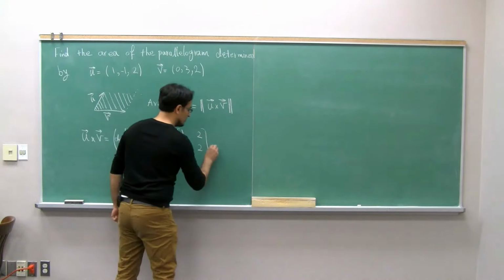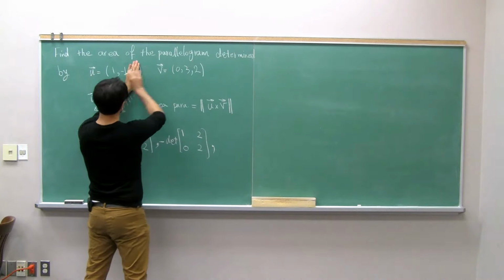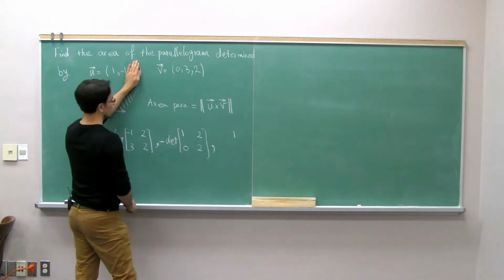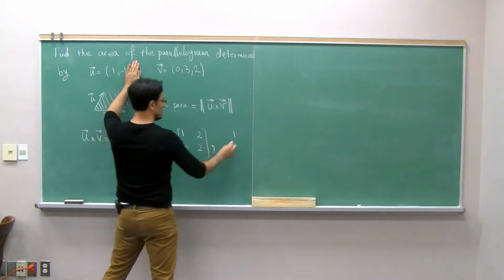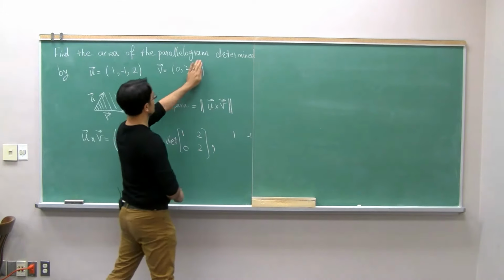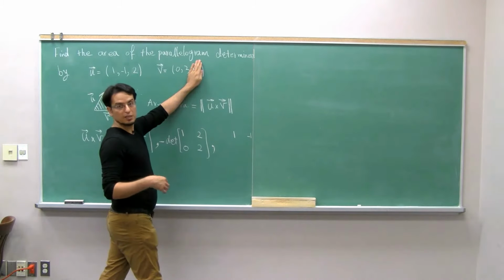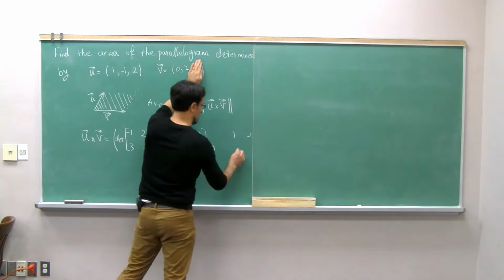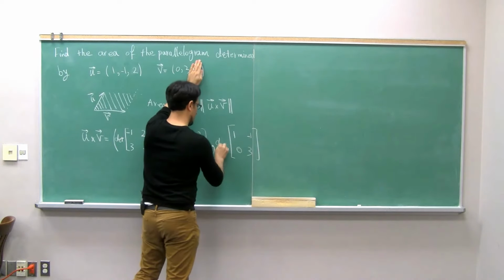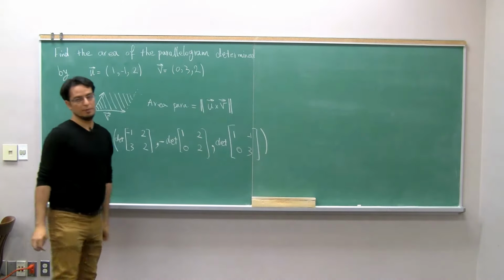For the third component, you cover the third components of the vectors. The first row would be the remaining components of the first vector, 1, -1, and the second row would be the remaining components of the second vector. This is a matrix. Find its determinant.